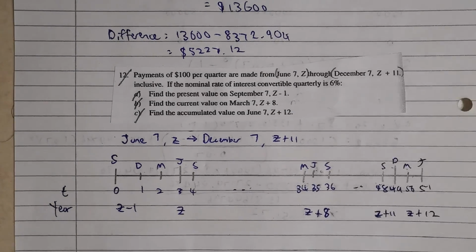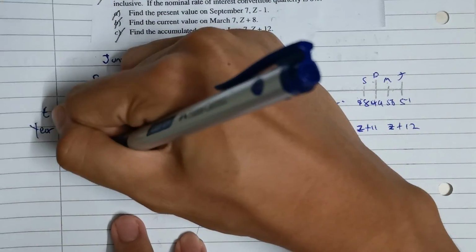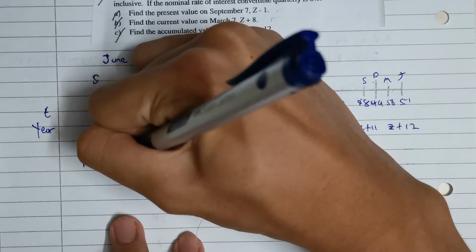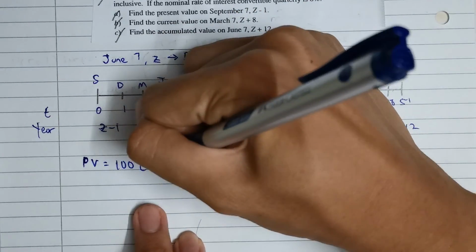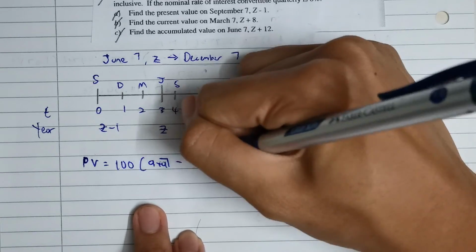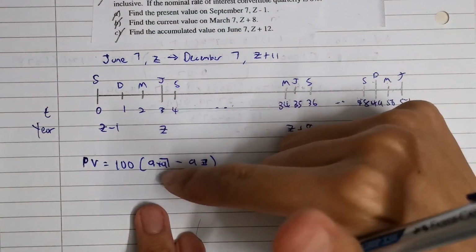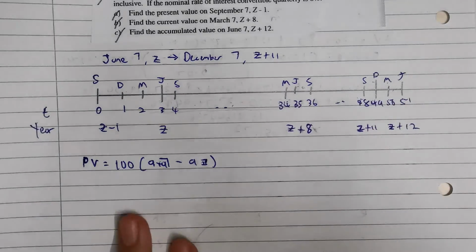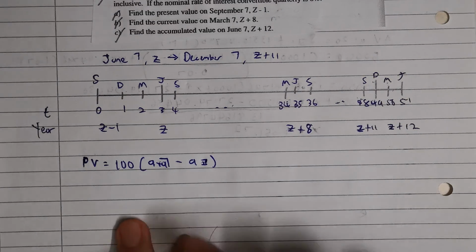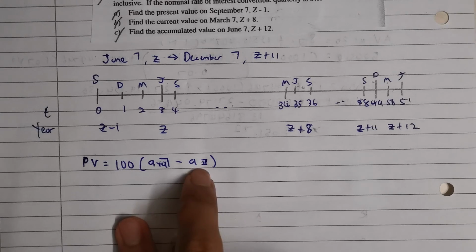So how to find the present value? The present value is equal to 100 times (A angle 49 minus A angle 2). How to get this? For present value, we will use formula A, right? So we search for the present value from 3 until 49.